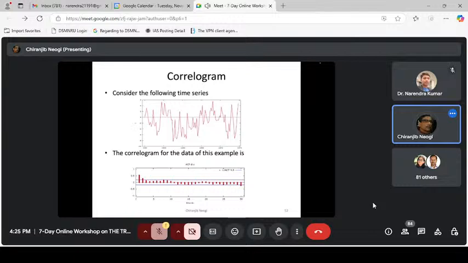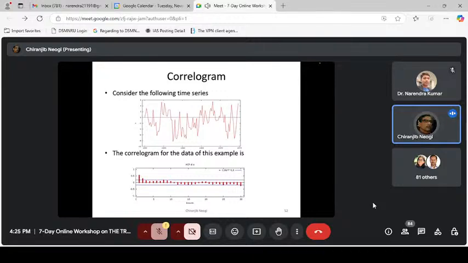That means the memory is very short. The value of the present time point does not have any relation with very past values, say 5 years past or 6 years past values.